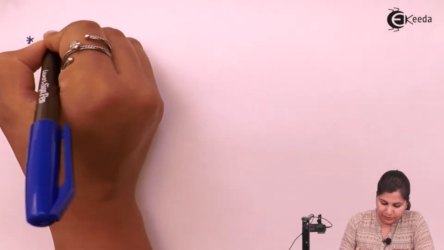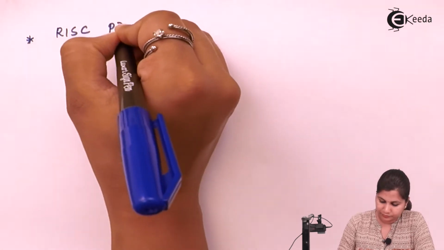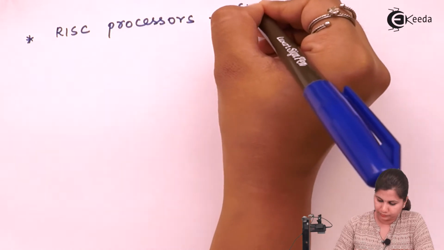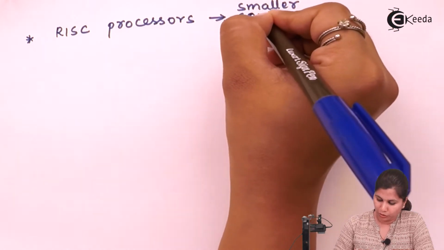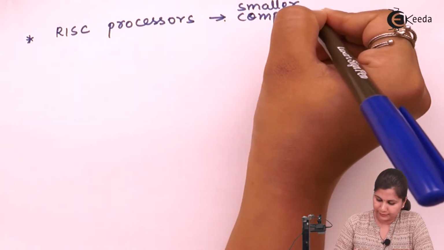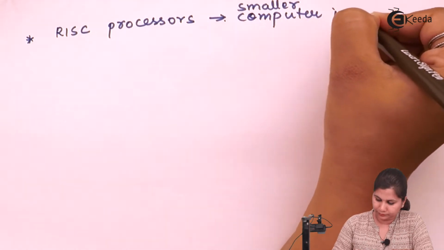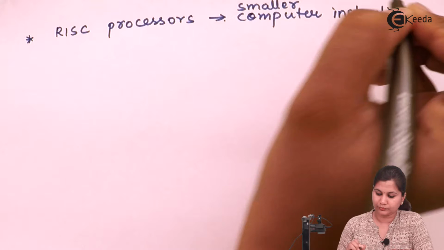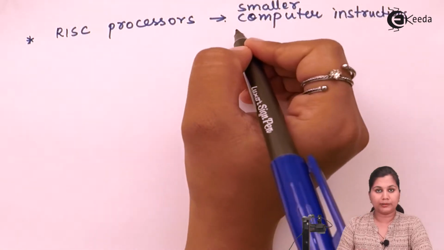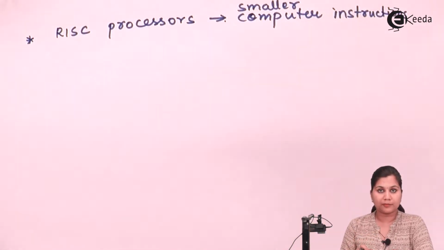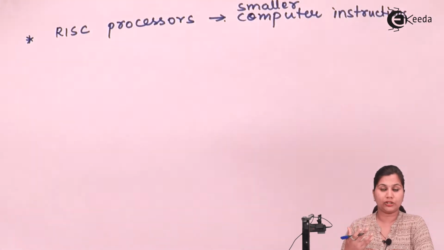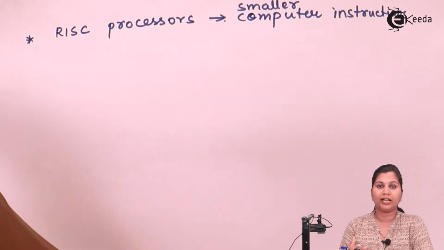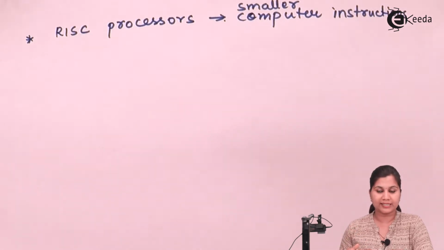So these RISC processors have smaller computer instructions. When these small instructions are executed, it requires very little time.